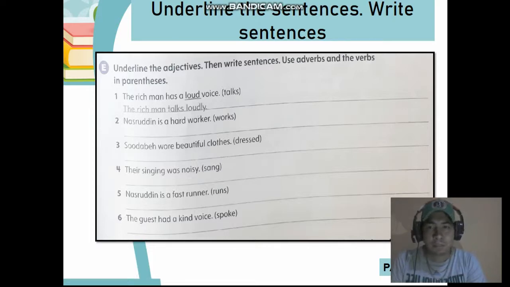I'm using the word talk to make a sentence, and I'm using the word loud to make an adverb, in this case, loudly. I am going to pause the video and I will come back to you. So please answer the next ones and we will review the answers, okay?